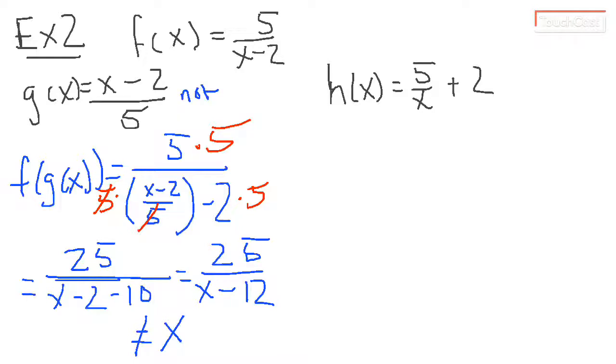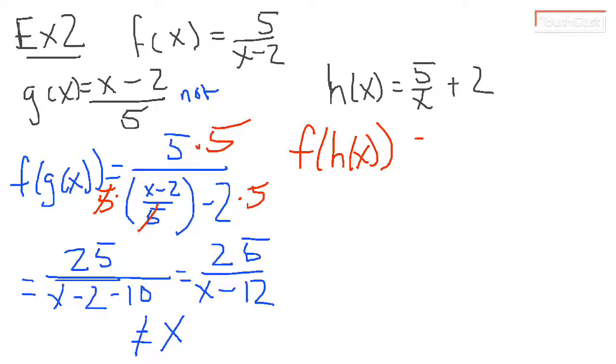Let's try h of x. So we're going to do f of h of x. Wherever we have x in f of x, we're going to replace it with h of x.